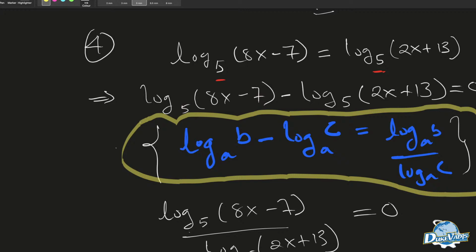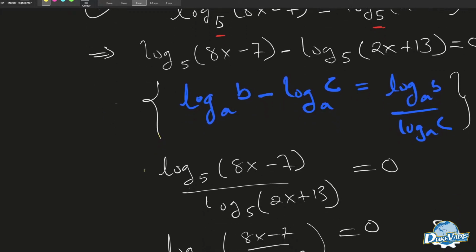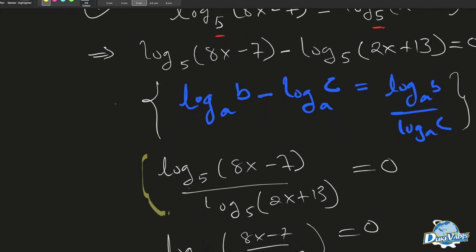So it's log to the base a of b minus log to the base a of c. So the right hand side becomes log to the base a of b divided by c. Applying the same to our equation, this is how the equation becomes.